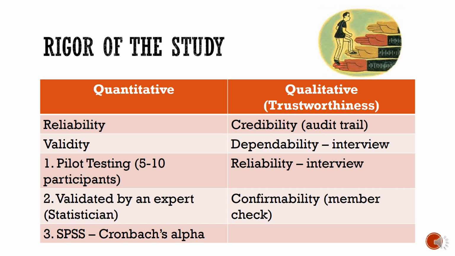It is dependable because your interview should be attached at the appendices. And then also the reliability, again, your interview is there, so meaning you really interviewed the participants. Then lastly, confirmability, it's called member check, wherein you go back to your participants, you ask them to verify, did you really say this? Is this what you really said? Is this what you meant? And then when they say yes, you've achieved confirmability.